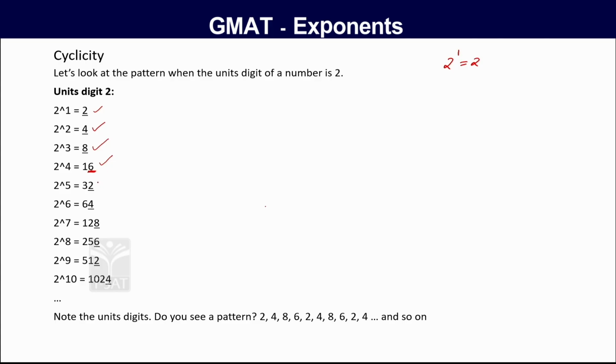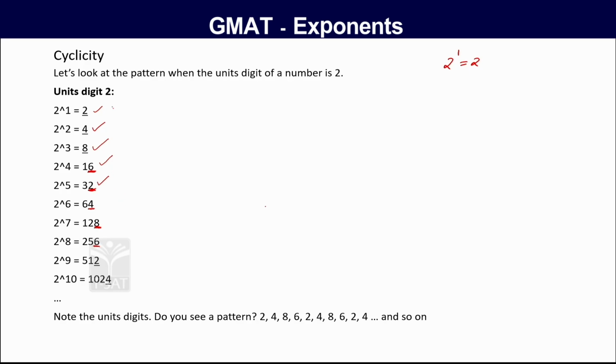Then 2 raised to 5 is again 2, so the pattern will repeat. Here the pattern is 2, 4, 8 and 6. Let us look at that. 2 to the power of 5 is 32 and the units digit is 2. Then 2 to the power of 6 is 64, the units digit is 4. 2 to the power of 7 is 128, the units digit is 8, and 2 to the power of 8 is 256 with units digit 6.